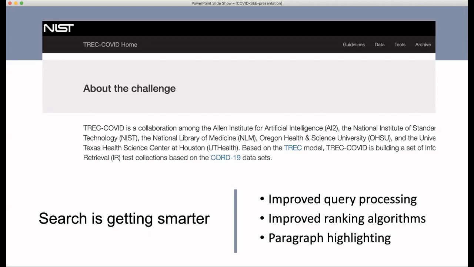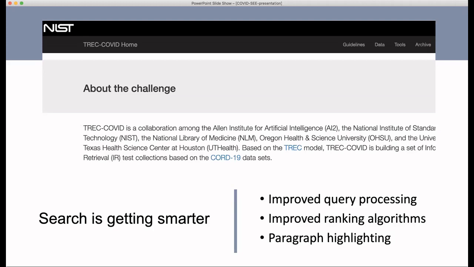And so NIST, which is the organizer of the famous information retrieval challenges called TREC, the Text Retrieval Evaluation Conference, which has been running for decades, pulled together a team to very quickly do relevancy judgments over the CORD-19 collection, so that same collection that the Allen Institute for AI was building, and then invite people to submit information retrieval results over a set of predefined test queries in order to compare and evaluate different methods for information retrieval.